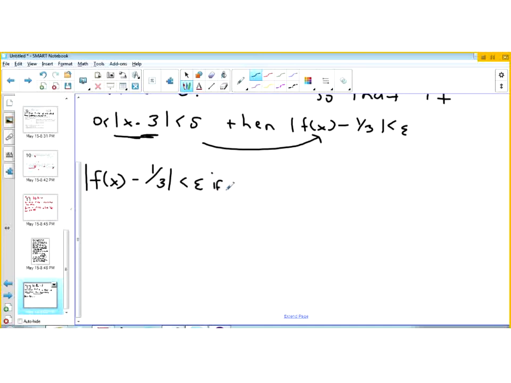Okay, all right, so let's do that. So the absolute value of f of x minus 1/3 is less than epsilon if and only if, plug in your value for f of x, 2 divided by x plus 3 minus 1/3 is less than epsilon, if and only if.